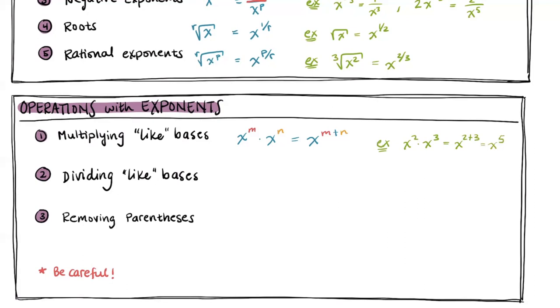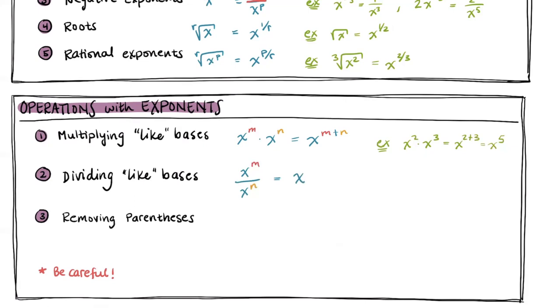On the other hand, when we are dividing like bases, in general we could write this as x to the m, divided by x to the nth power. In this case, we subtract the exponents. You could see this if you wrote out the number of times that you multiplied x by itself on the top and in the bottom, and then canceled out all of the x's that you could.